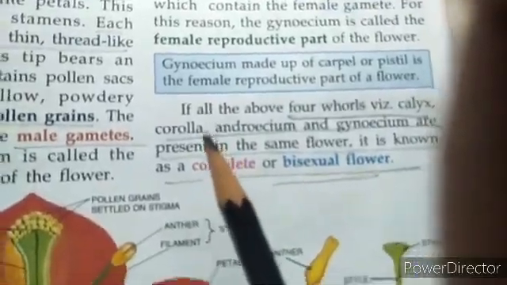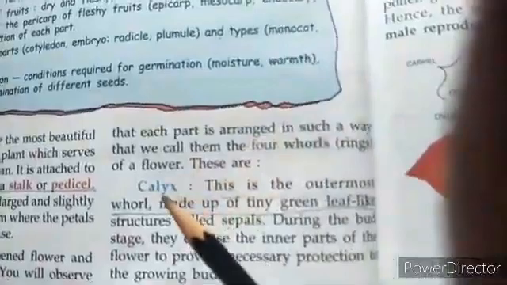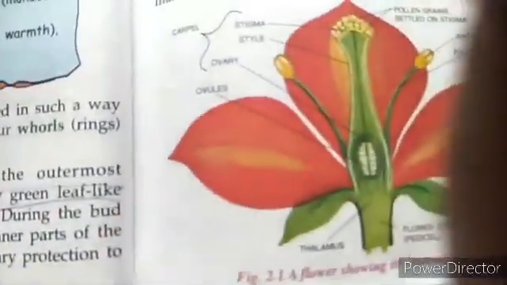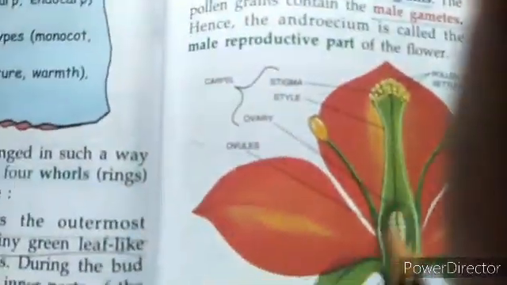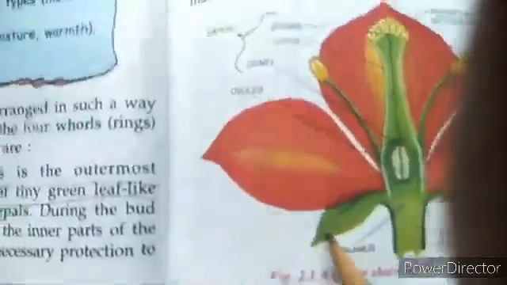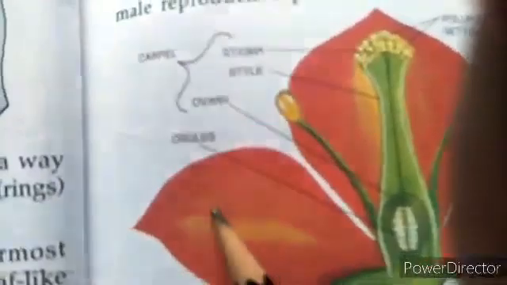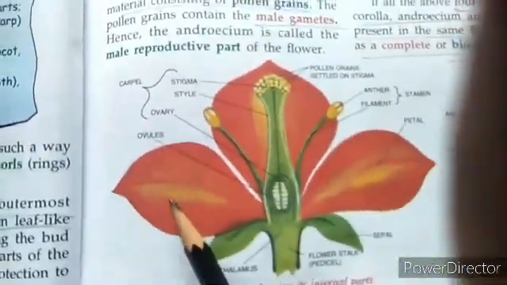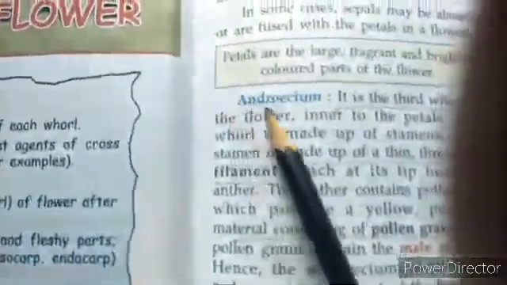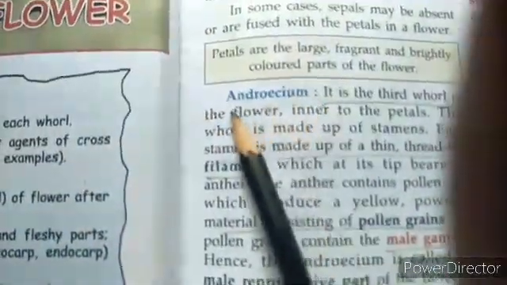So by now we came to know the various parts of the flower. First was the calyx. Here in the diagram we see the calyx. Then we came to know about the second part, corolla. And here in the diagram we can easily see the corolla. Then we came to know about the male reproductive part known as the androecium.